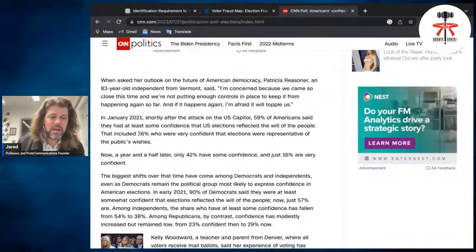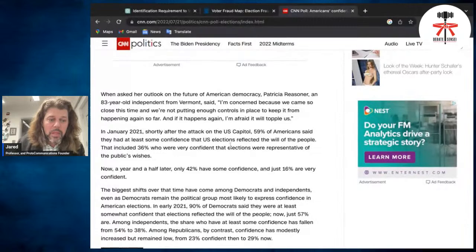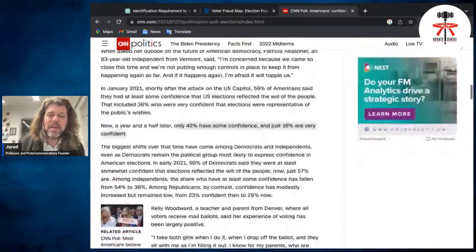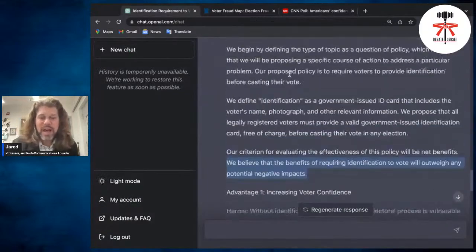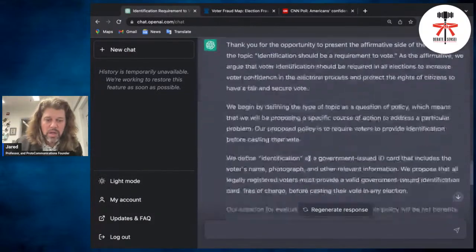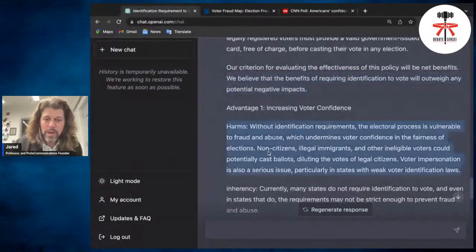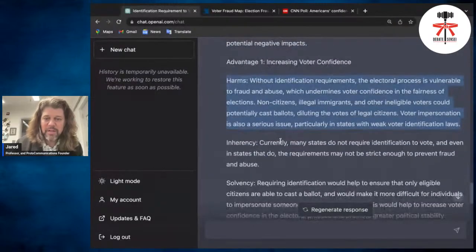You could find the statistics. Only like in January 2021, 59% said that they had confidence. Now only 42% have confidence. And so notice how you need to now work that into advantage one. All right, that the confidence is eroding from our election process.